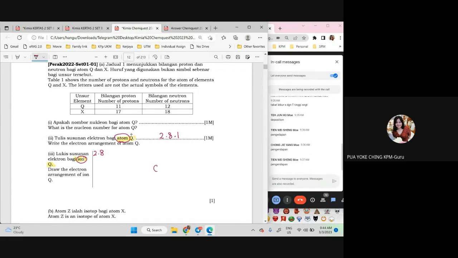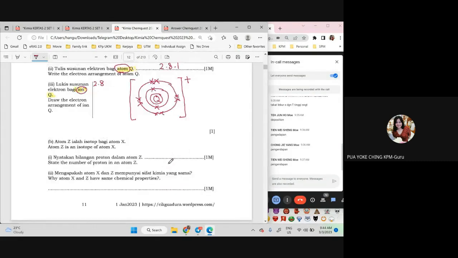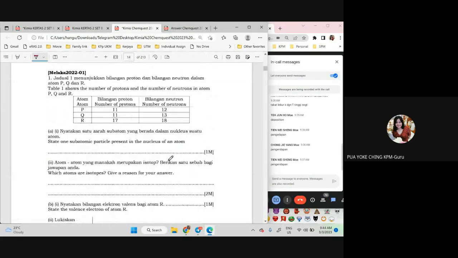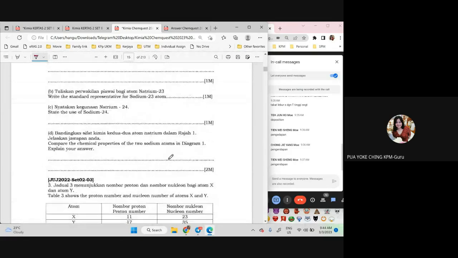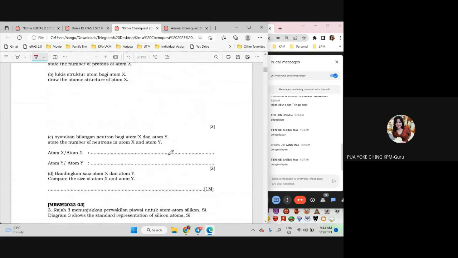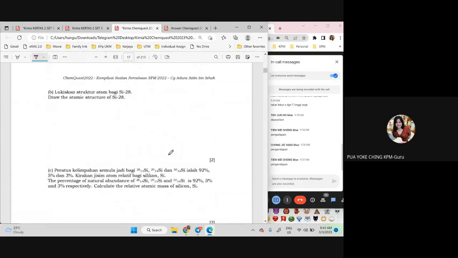So you will get Q, nucleus, shell 1, 2, shell 2, 8, and then bracket plus. Okay, so this is about atom and ion. So done. Chapter 2. So ada lagi soalan untuk chapter 2?